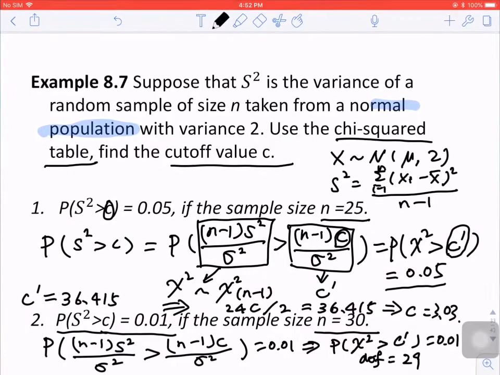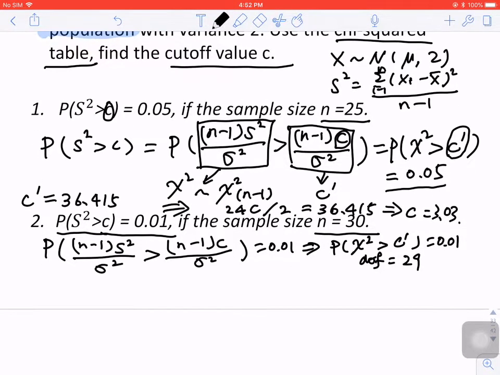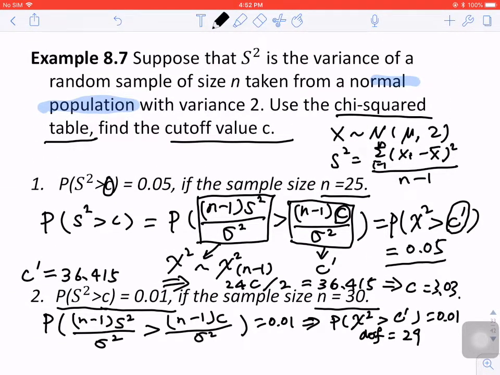Using this number, you can find the corresponding cutoff value c. I'm not going to show you the details about this one, but I believe you can do this by yourself. So that's how we find the cutoff value c such that the probability that s squared is larger than c is equal to a wanted probability.